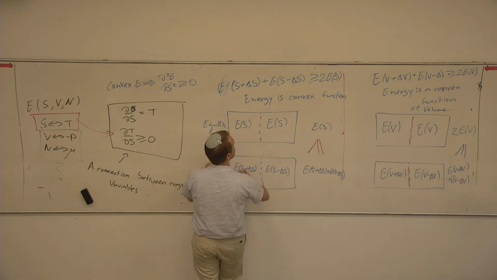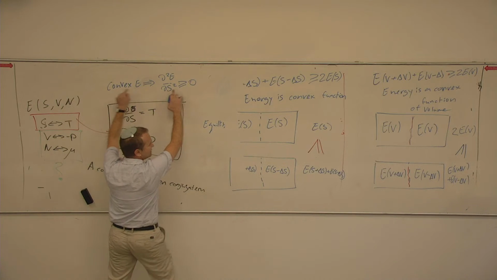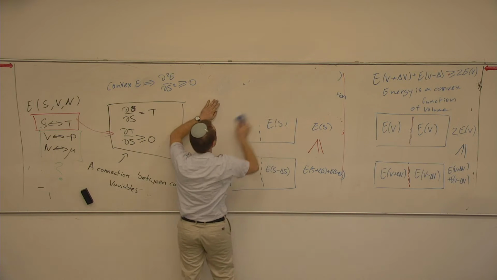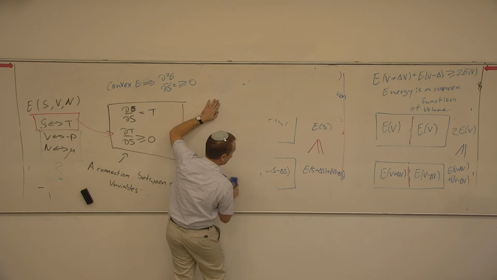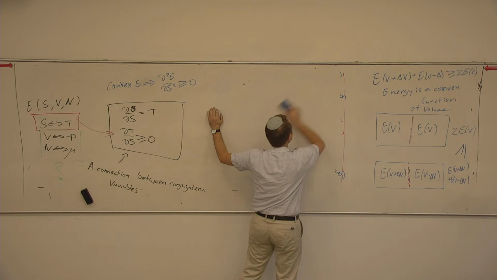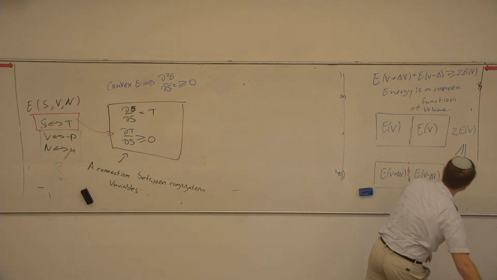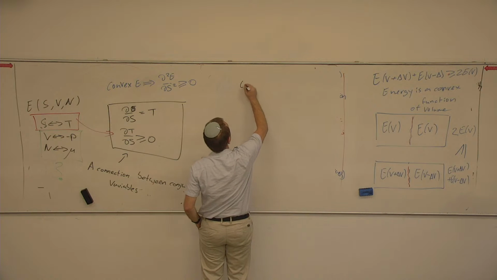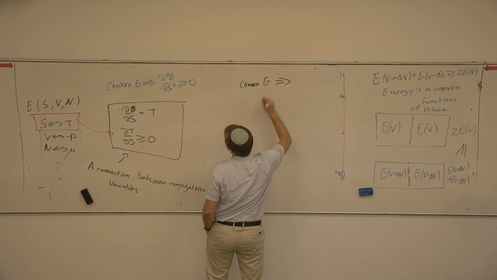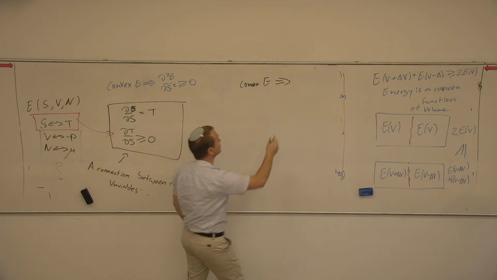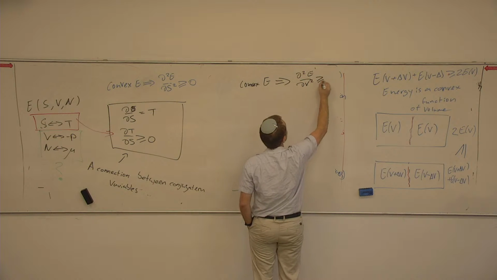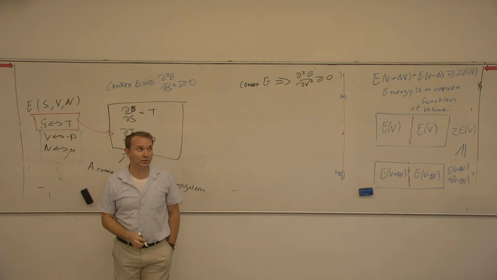Now, what does it mean? We repeat this for this system. Convex E means that locally the second derivative of E with respect to V is greater than or equal to 0.